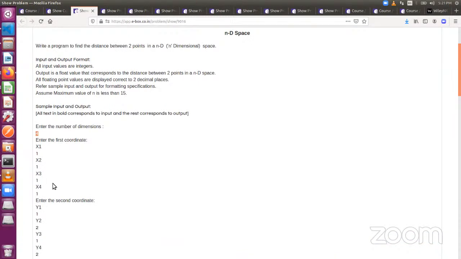The points x1, x2, x3, x4 correspond to point 1, and y1, y2, y3, y4 correspond to point 2. 1 represents the first coordinate, 2 the second, 3 the third, 4 the fourth, like x, y, z and so on. So the equivalent distance is the square root of (y1 minus x1) the whole square plus (y2 minus x2) the whole square plus (y3 minus x3) the whole square plus (y4 minus x4) the whole square.